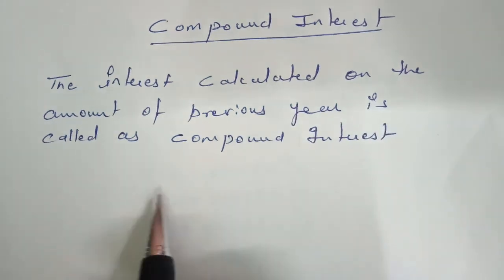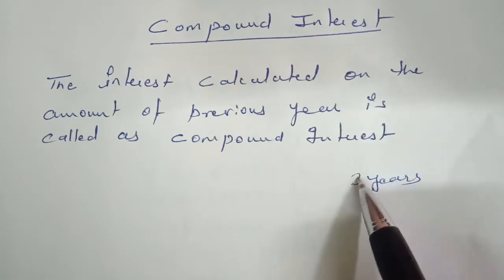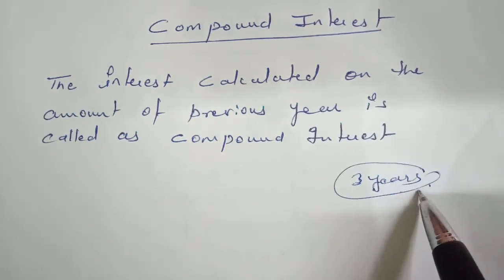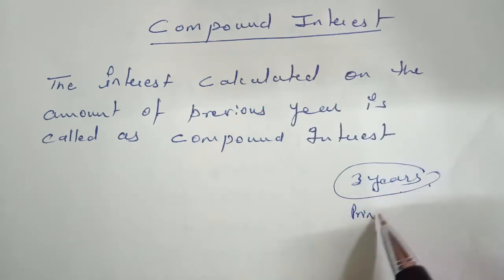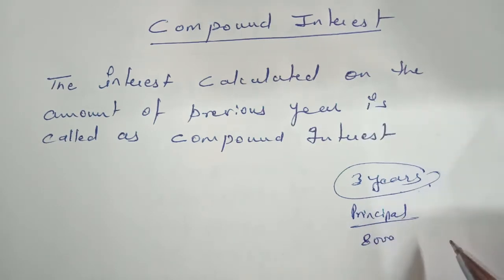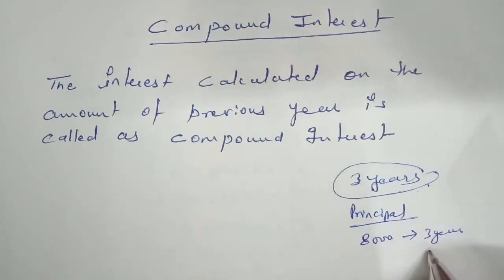Suppose you deposited an amount for 3 years and every year you get the interest. For finding the interest they take the principal. If you deposited 8,000 rupees for 3 years, then for the first year the principal will be the amount that you paid.